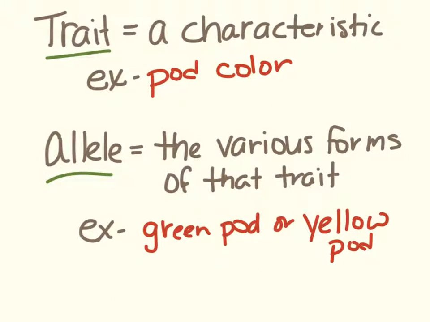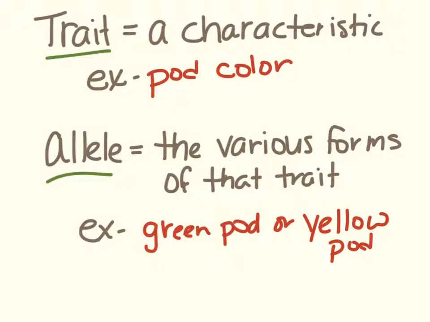So we want to first start off by defining a couple key terms. We will refer to traits, and a trait is a characteristic. In talking about Mendel's experiments, one of the traits he studied was the pod color of the pea plant pods. And we'll talk about alleles, and alleles are the various forms of that trait.